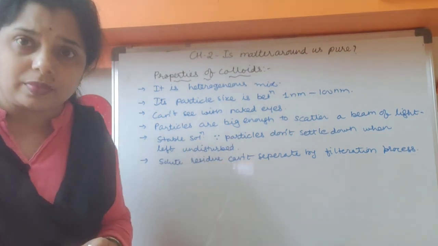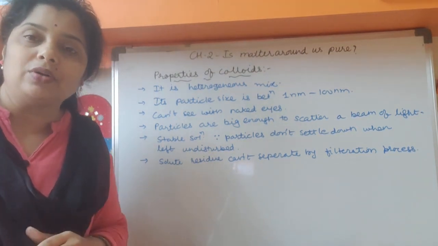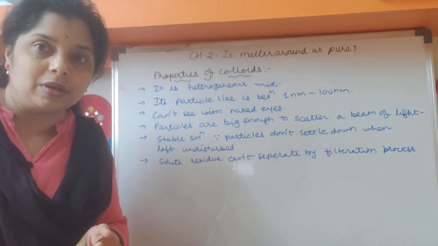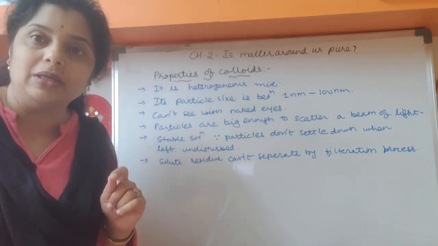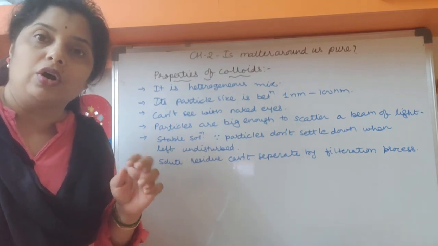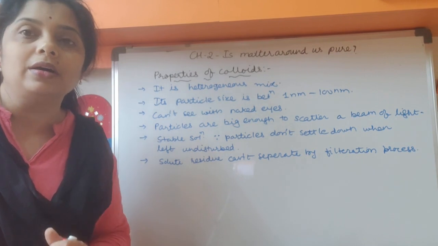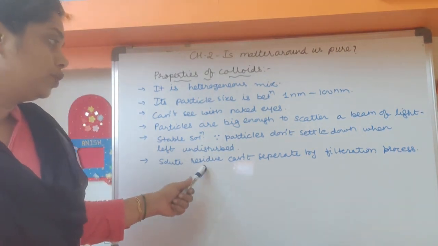And what is the case with a suspension? What happens in a suspension? It is unstable. Why? Because after a few seconds or a minute we can see two different layers: the dilute solution and the particles of the suspension. And the last one is the solute residue.